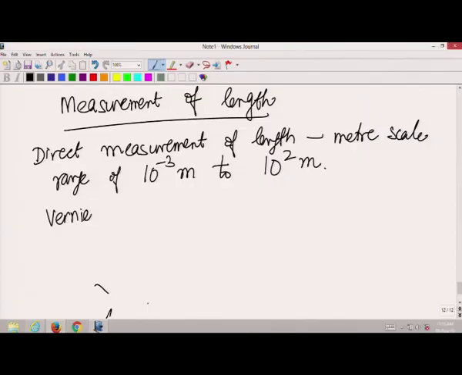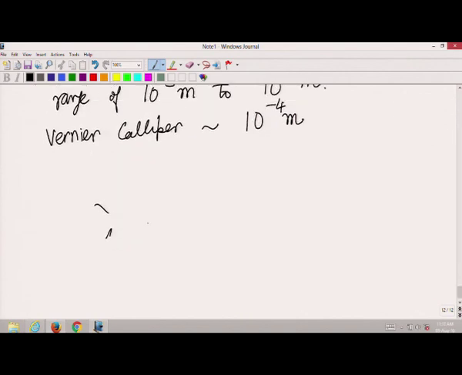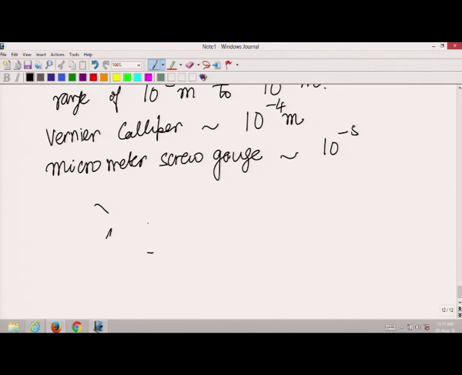We have a device called vernier caliper, which will measure up to 10 to the power of minus 4 meters, and we have micrometer screw gauge, or also called the screw gauge, which will measure length up to 10 to the power of minus 5 meter.